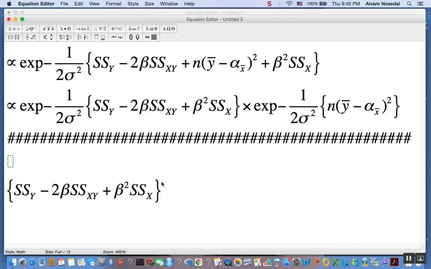So what we're going to be doing next is we're going to try and complete a square here to make that kernel of a normal appear for beta, right? And then we're going to be doing something similar for alpha. Okay, makes sense? But for alpha, you'll see it's going to be really simple. So that's why we're going to be doing it first with beta.